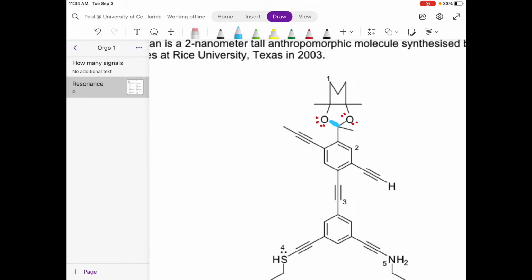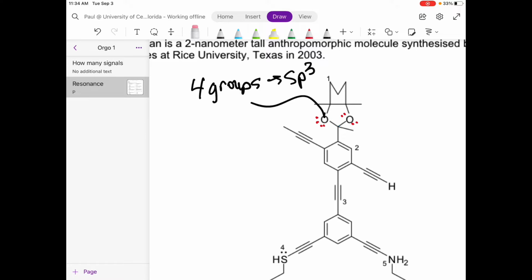Now, in order to figure out what orbitals are involved, we need to know the hybridization state. The oxygen atom right here has 4 electron groups around it, and the 2 lone pairs are localized. There's no resonance structures. So there's 4 groups around the oxygen, which means it's going to be sp3 hybridized.